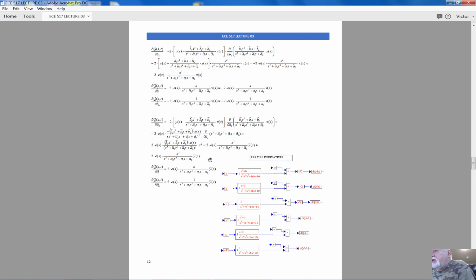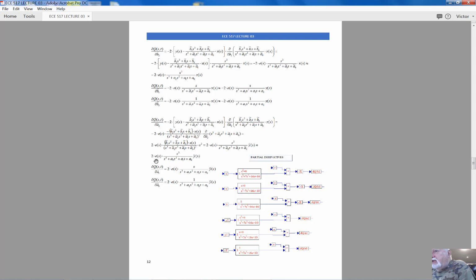But since initial conditions of the adjustable system and the reference model are close, I'm just replacing this expression by the denominator of the reference model.